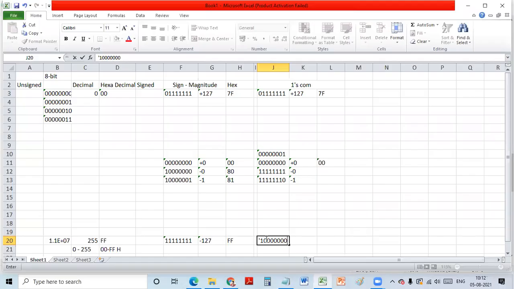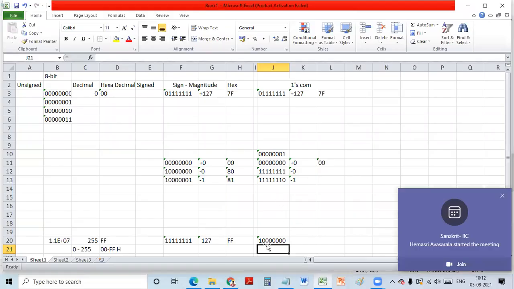Okay, this is the only possible last number. Am I right? By reducing 1 from it, this is the only positive last number. To get this value, I have to take the complement, with all 0s I'll be getting all ones, which is nothing but -127.